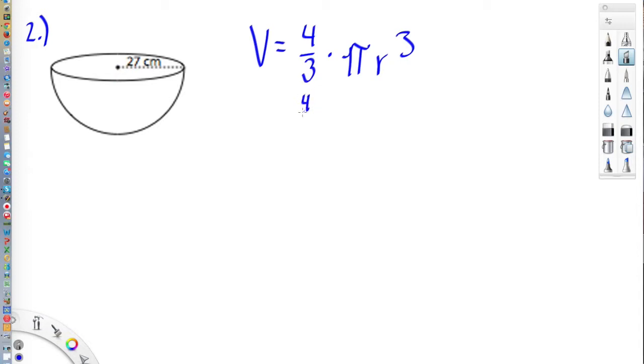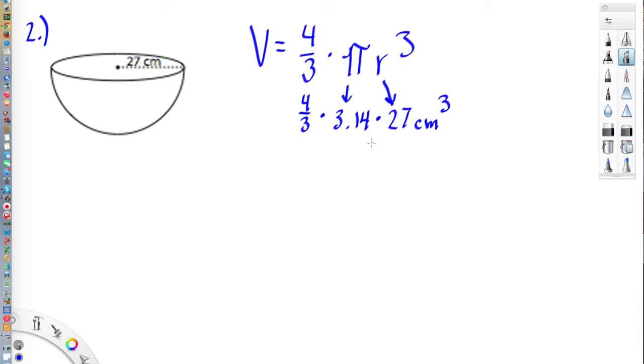So let's bring our information down. 4/3. And I know that pi is approximately 3.14, and the radius of this sphere is 27 centimeters, and I need to cube that. I don't say this too often, but if you're going to cube 27, if you want to break out the calculator for that, you can.